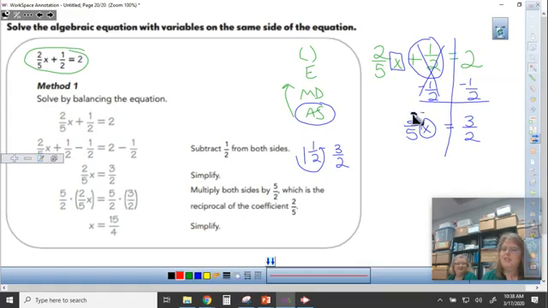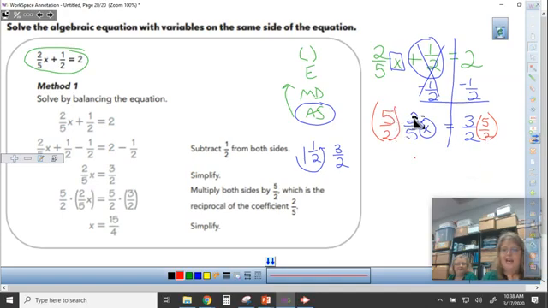Normally, we would divide by that number, 2/5. You're going to learn later on in high school that this is a complex fraction, and what we end up doing is multiplying by the reciprocal. So I'd like for you to think about multiplying by the reciprocal, or the flipped fraction. 2/5 flipped on its head is 5/2. And I'm going to multiply both sides by that 5/2.